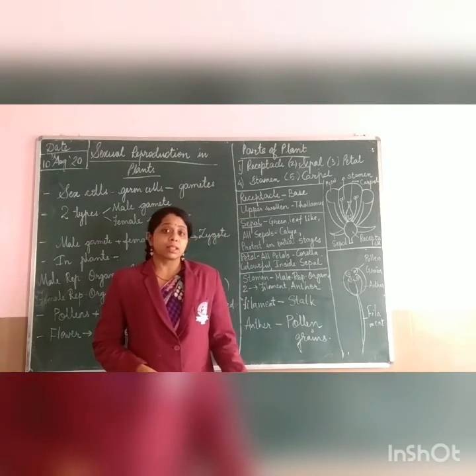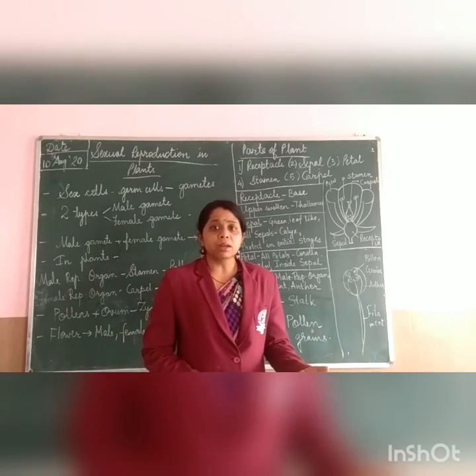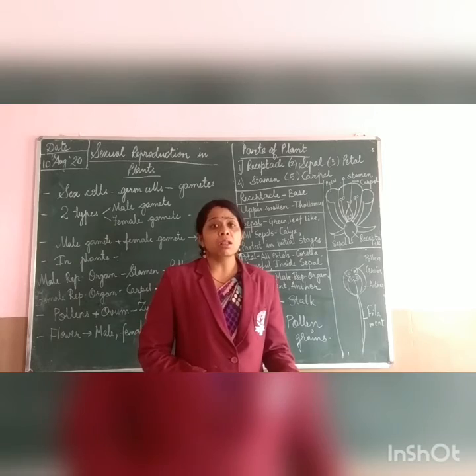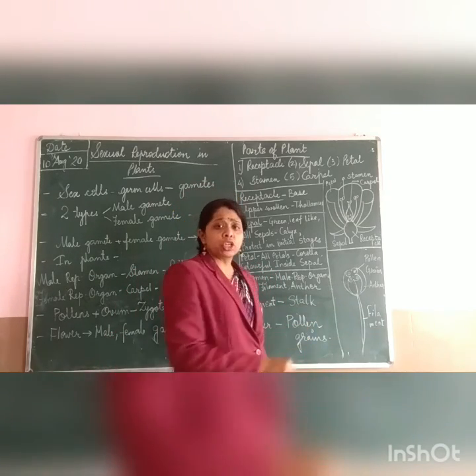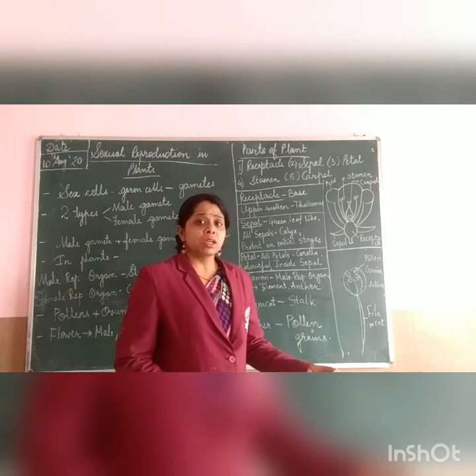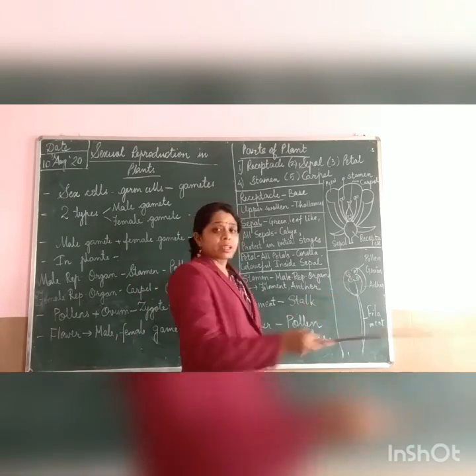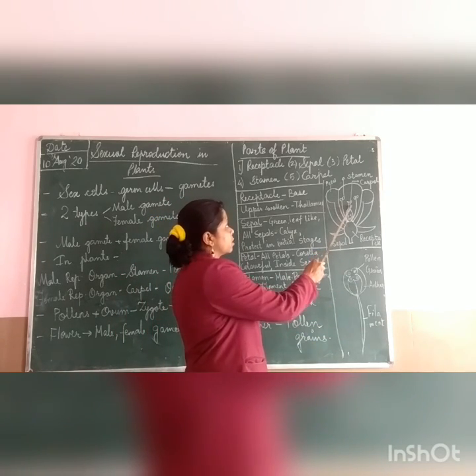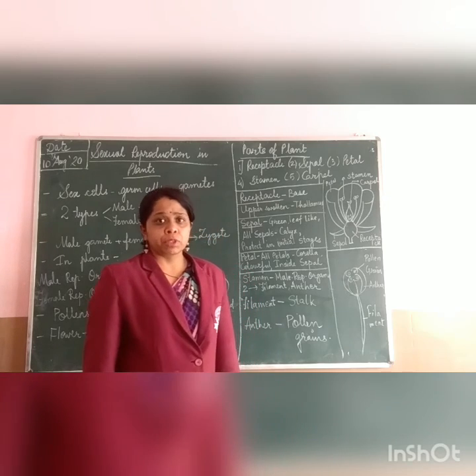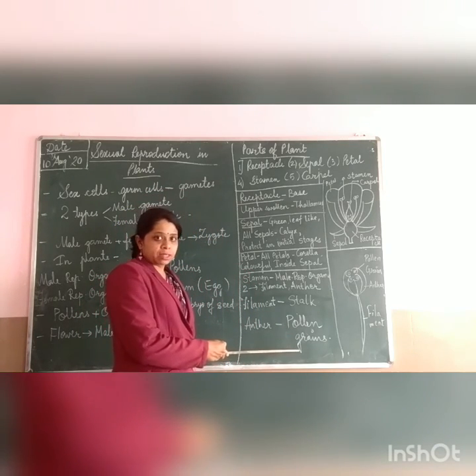Pollen grains are basically the male reproductive gametes. They are yellowish and sticky, so that these pollen grains can be carried on to the other part called the carpel. So anthers consist of pollen grains.